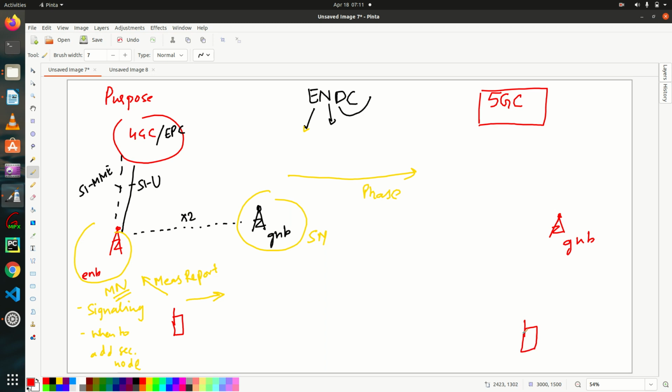So this will be your standalone 5G network, and this is my non-standalone. Why? Because the operator has to use both E node B and G node B in its network.